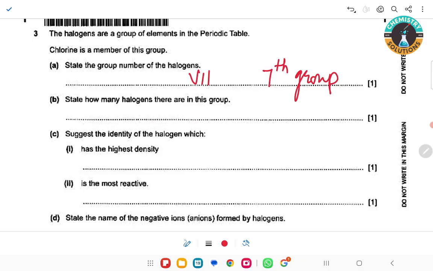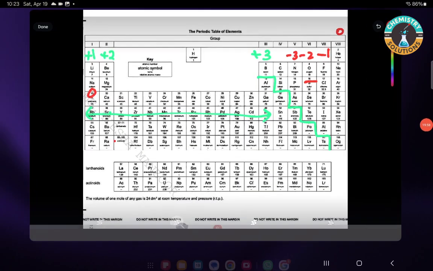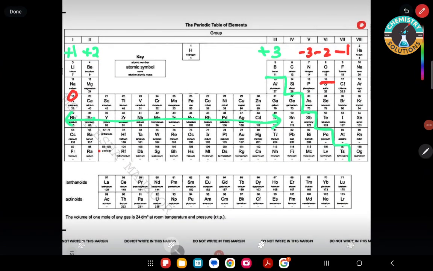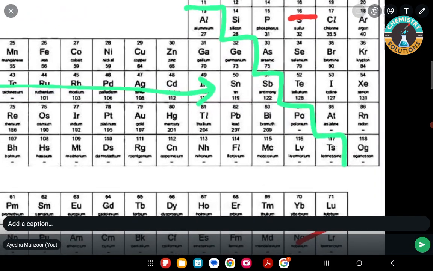State how many halogens are there in this group. In this paper, a new element is introduced. Let me show you that element.